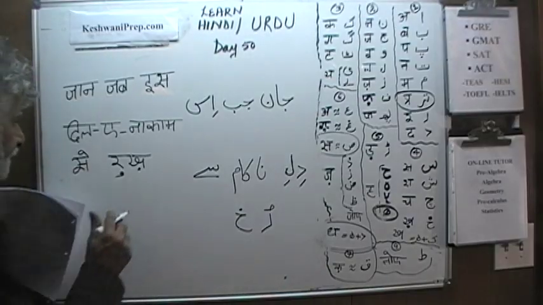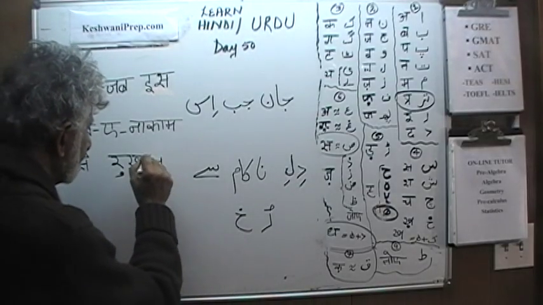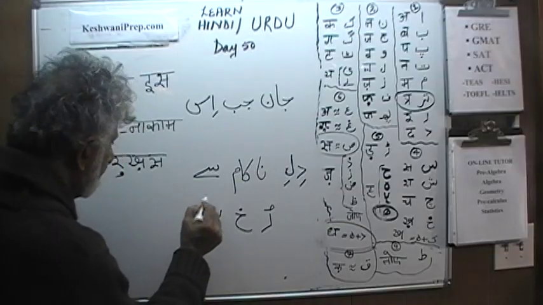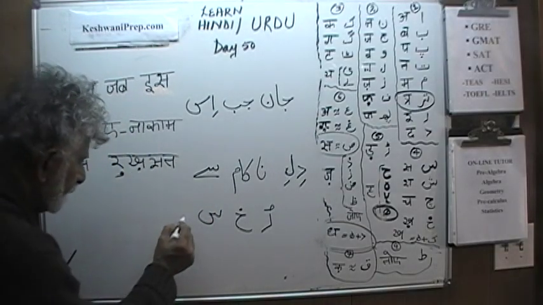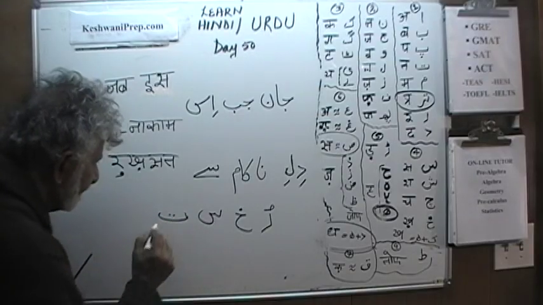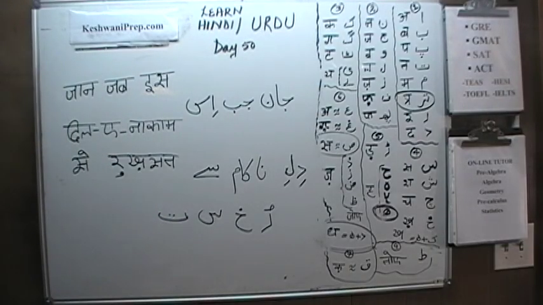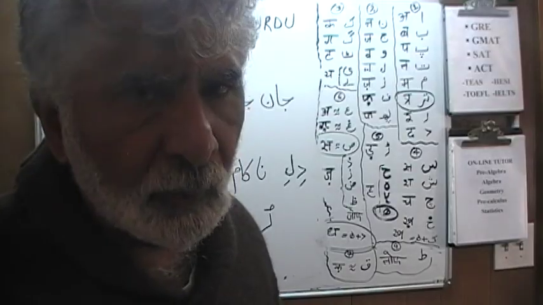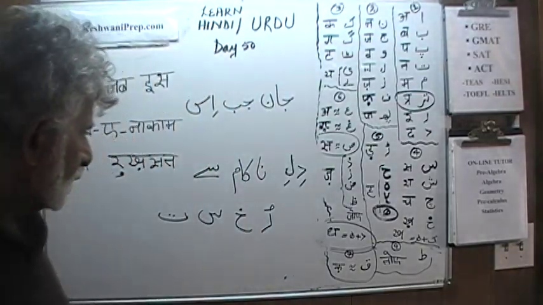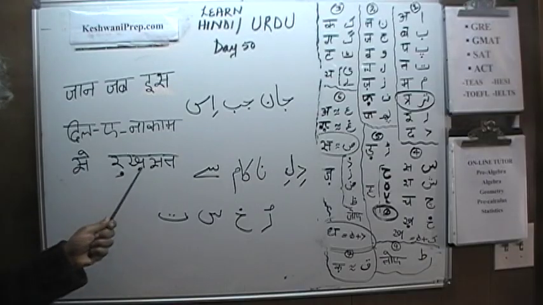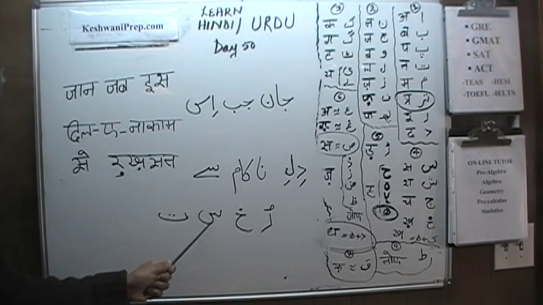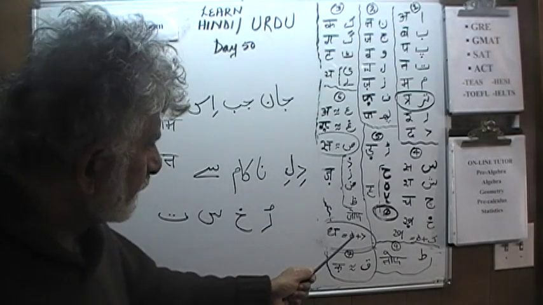And a ta. Let's first fix the spelling. Both Hindi and Urdu are misspelled. Let's first fix the Urdu part. We have two sas. As you already know, we have this sa, which is the exact equivalent of this sa. But then we have another sa, which is called swad.